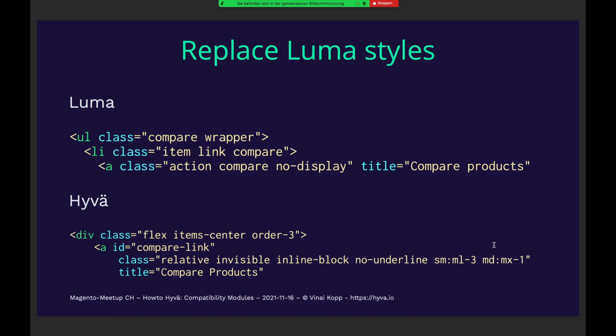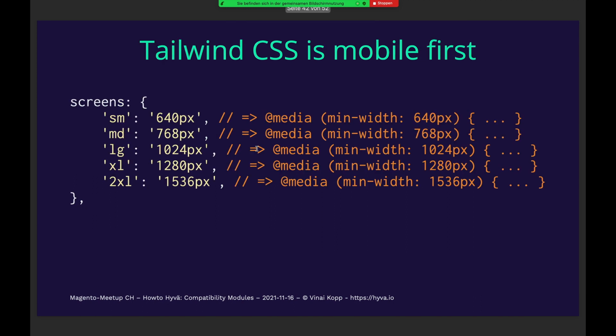Whereas on a site where we have semantic names, like item link compare specific to compare products, it's used nowhere else. So their styles tend to grow over time, CSS files. So there it just grows and grows and grows, and it becomes quite large, as we can see in Luma.